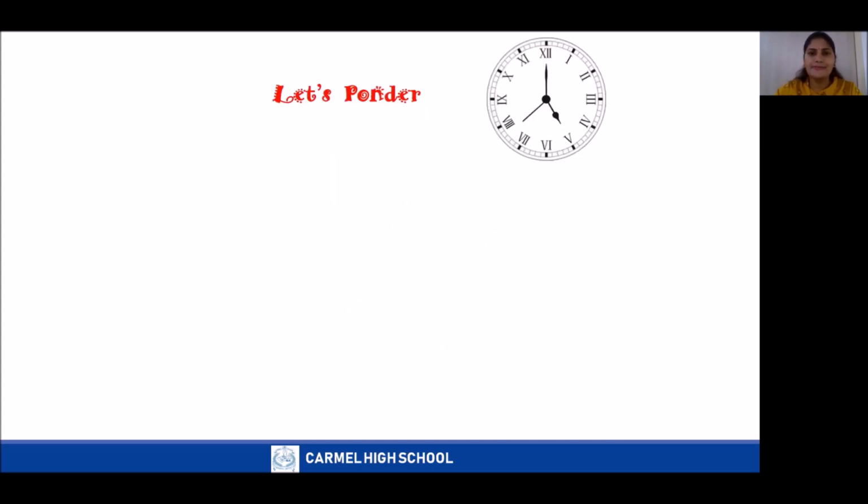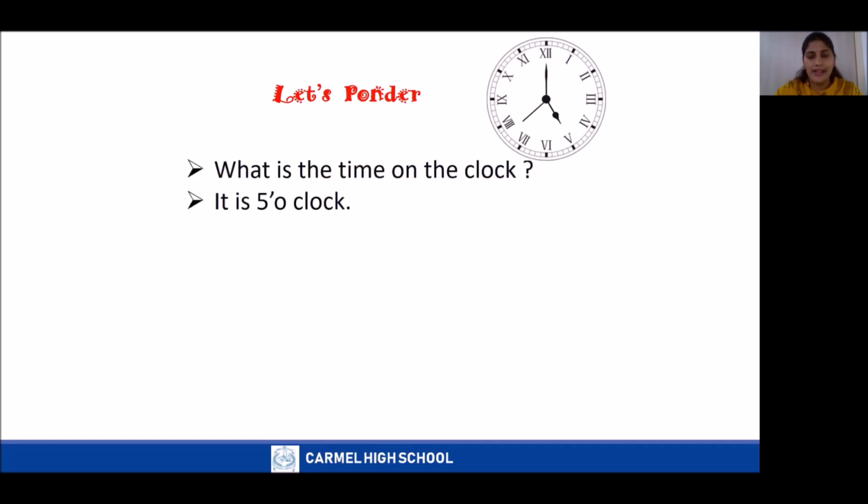Observe the picture. What do you observe in the picture? Yes, it is a picture of a clock. And what else do you see? Yes, we see it is showing 5 o'clock, right? What else?